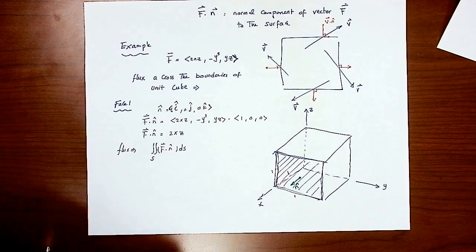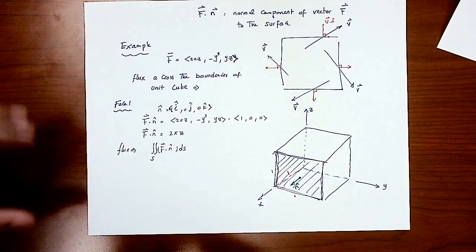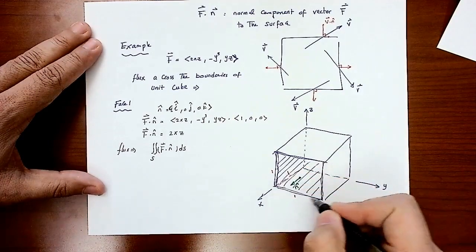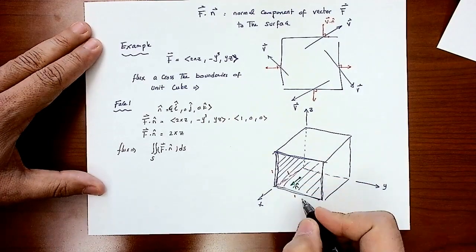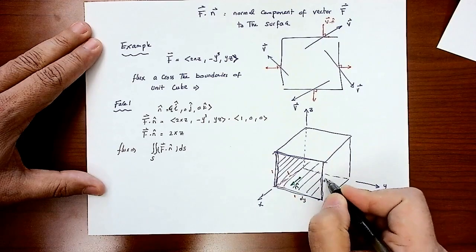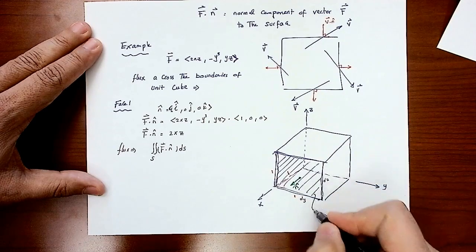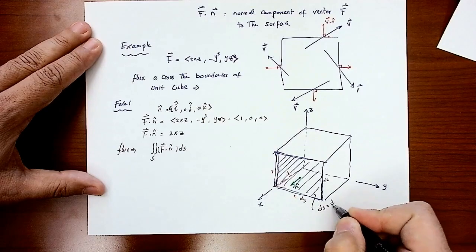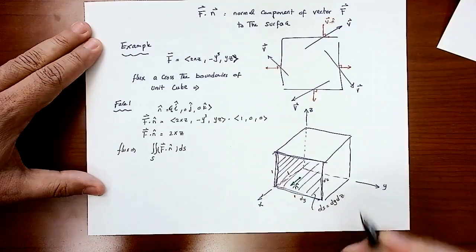So what's my dS? What is the surface area of that element here? This is dy, and the height is dz. So dS of that face is simply dy dz.